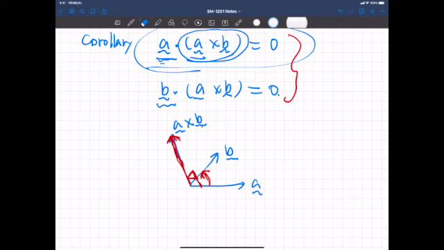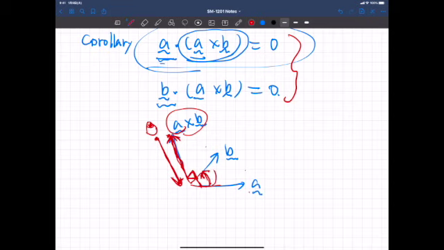But if you have these 3 vectors, A, B, and A cross B, and you look down at A and B from the opposite direction of A cross B, suppose your eyes are here, then it looks like you rotated A to B in the anti-clockwise direction.